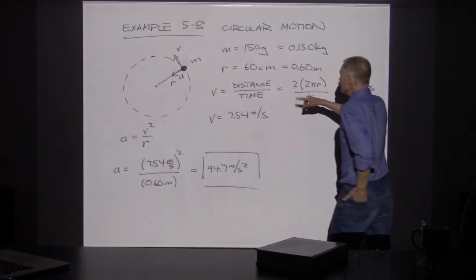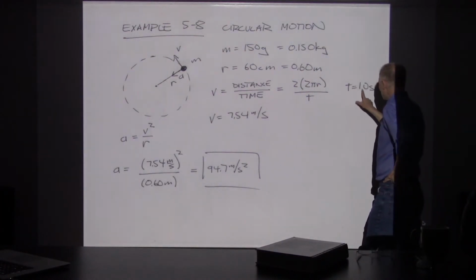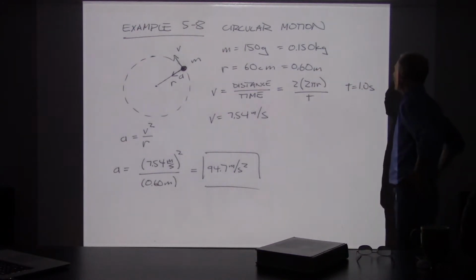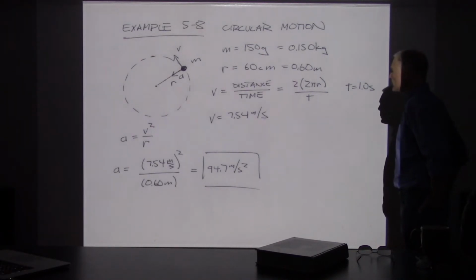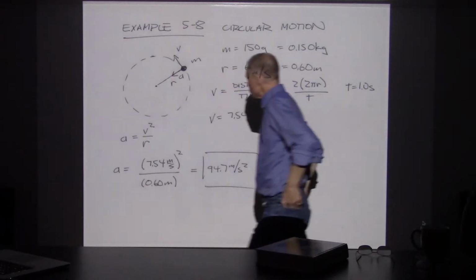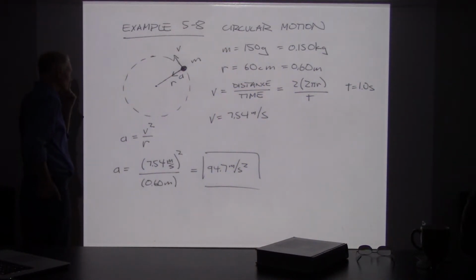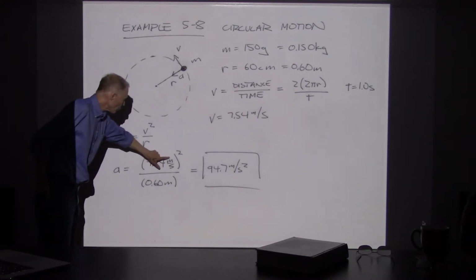So the distance it travels is going to be 2 complete circumferences during 1 second. I ended up with a speed of 7.54 meters per second. So I can plug those in. For v, I'm putting in 7.54 meters per second.